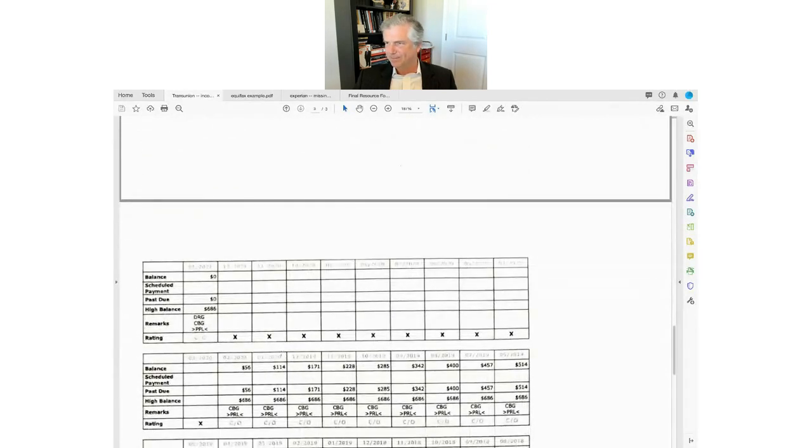Find February 20, it's right here. Now it says balance of $56. Well, if that was my last payment and the account's paid in full, there shouldn't be anything after February 20. Why is there something for March, April, May, all the way through, and they have no data there?